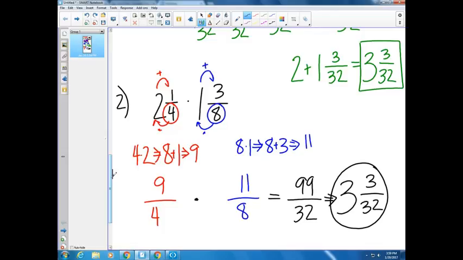It's whichever one you prefer. As long as you are remembering to multiply all parts of numbers together. So again, using that area model, we're multiplying the whole numbers, the fractions, and the whole number with the opposite fraction and vice versa.